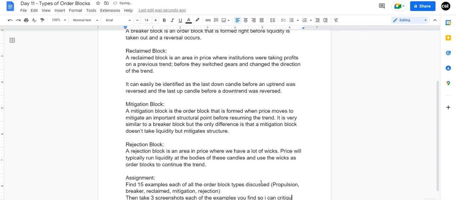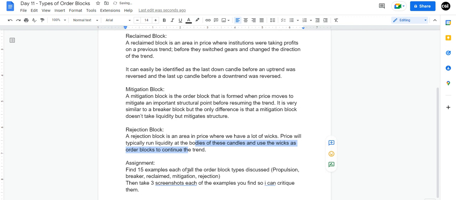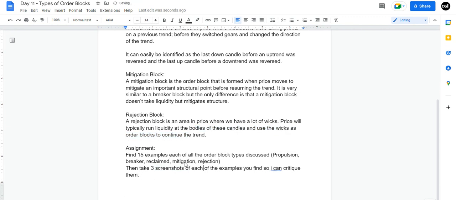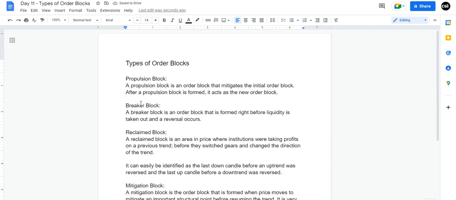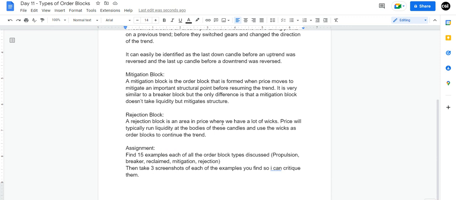That's basically the homework. You find 15 examples of each type, all the way to mitigation and rejection, and study them on your own. I'm saying 15 examples so that you understand it better, but take screenshots of only three, so that I will not stress you and I will not stress myself as well.